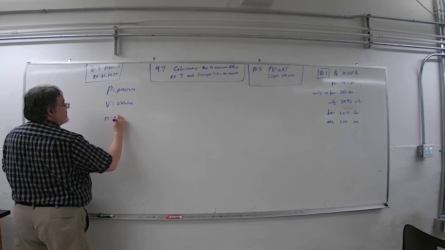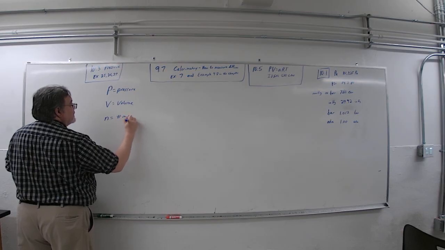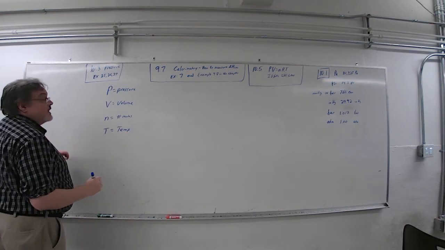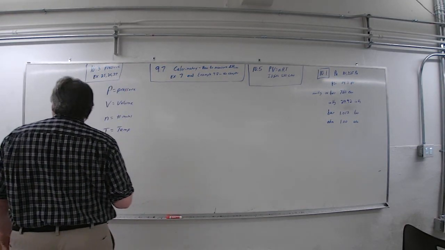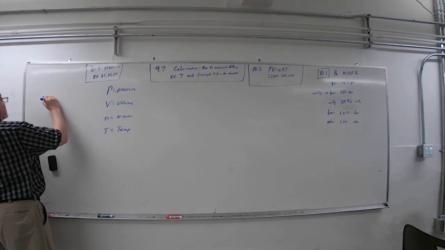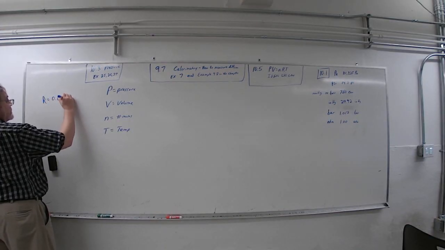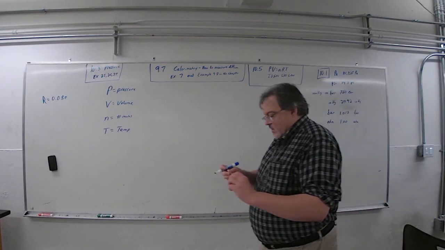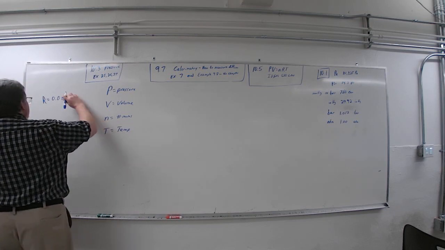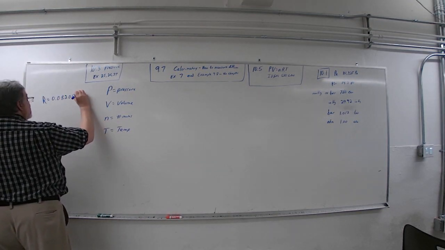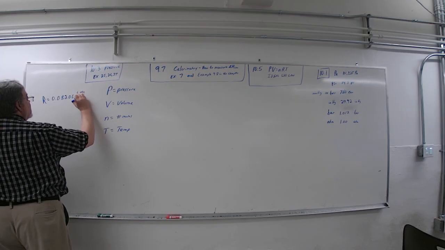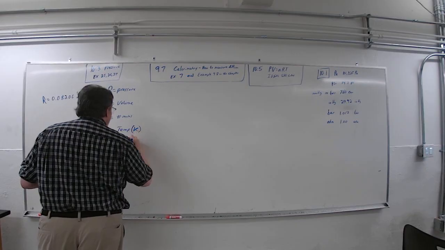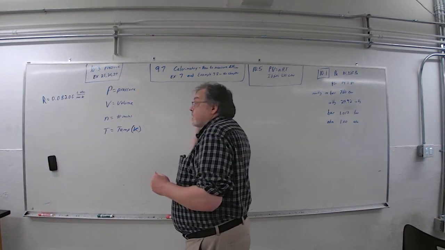P is pressure, V is volume, n equals number of moles, T equals temperature, and the R is a constant. R equals 0.0821. You have to use a temperature in Kelvin for these.